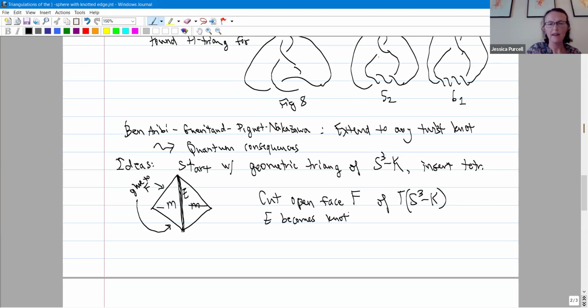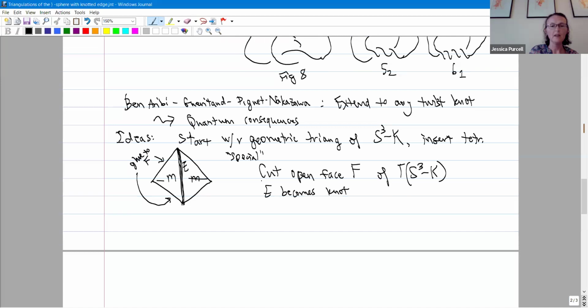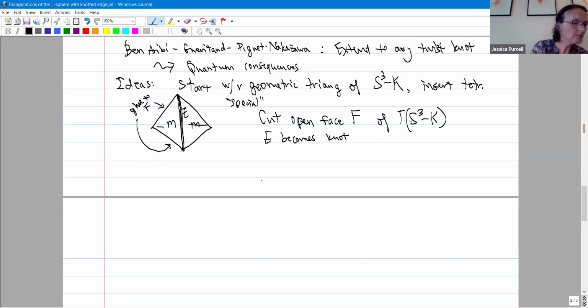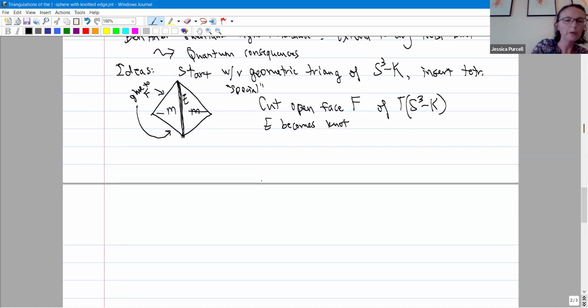If they started out with a triangulation that is nice enough. So what do you need for this to be nice enough? Following their ideas, but generalizing this a little bit, what we found, so let me say generalizing.